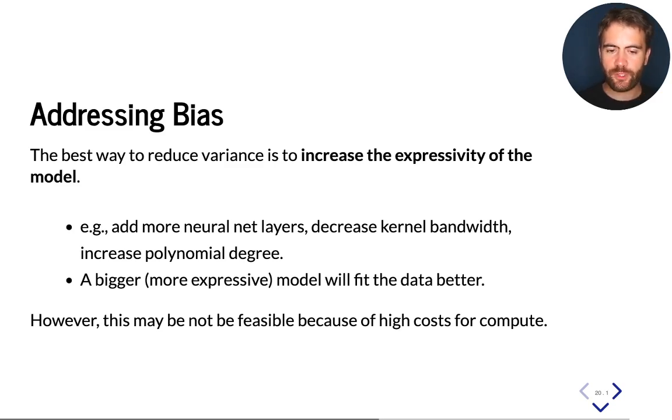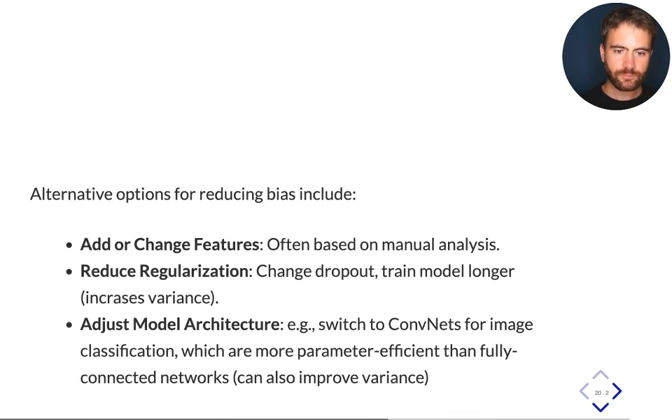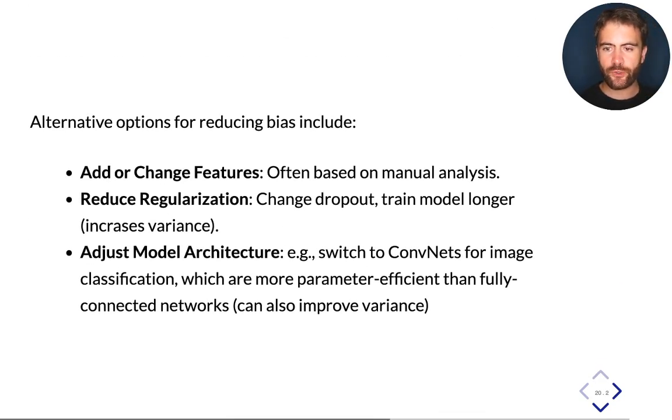However, this also may not often be feasible because it can be expensive to train a very large model. And therefore, there are these other things that we can do. Similarly to our earlier discussion of variance, we could try to investigate the features, and we could try to add more useful features to the data that will make it easier to classify this data.